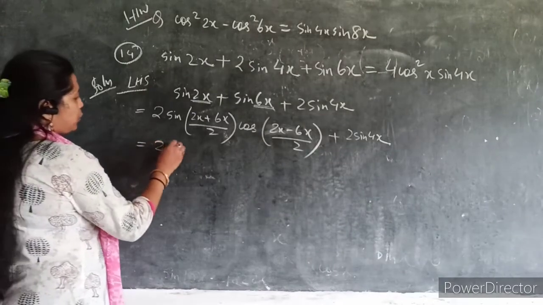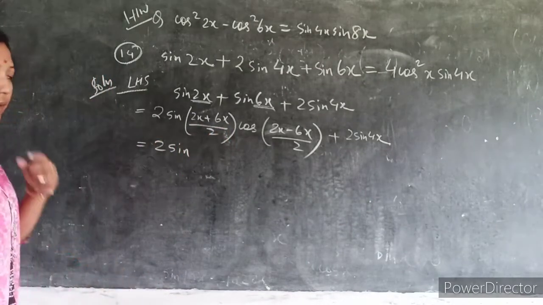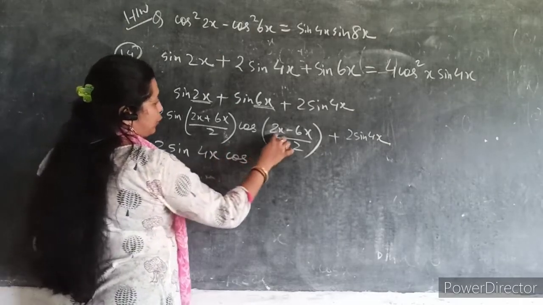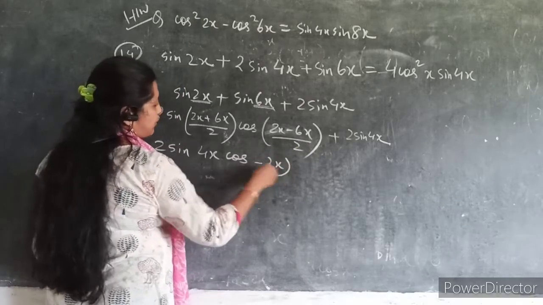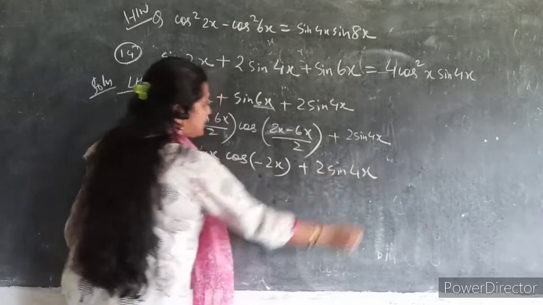Now here 2x plus 6x is what? 8x. So 8x divided by 2 is 4x, into cos of 2x minus 6x. So how much are you getting? Minus 2x, right? Plus 2 sin 4x.